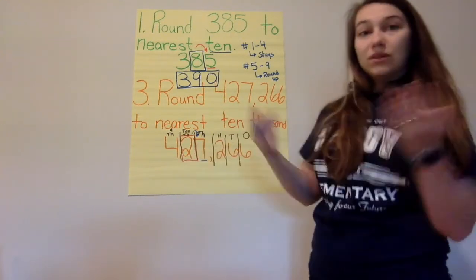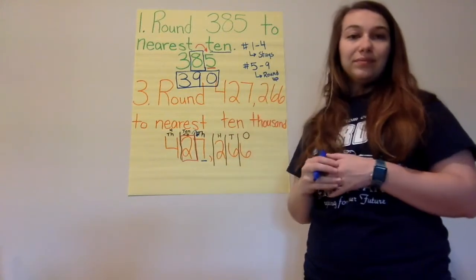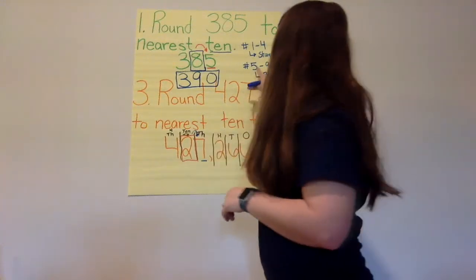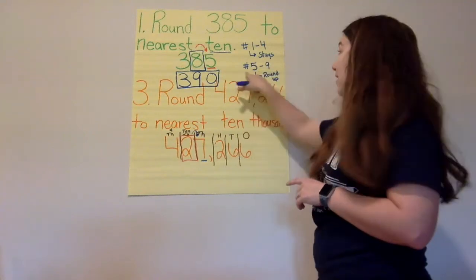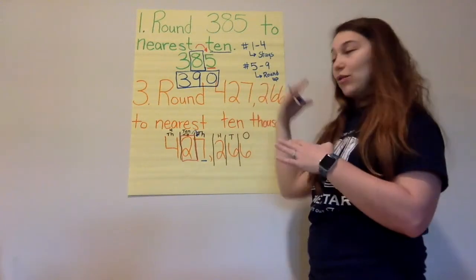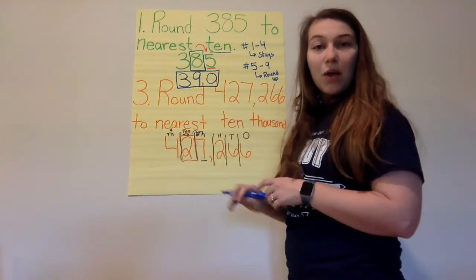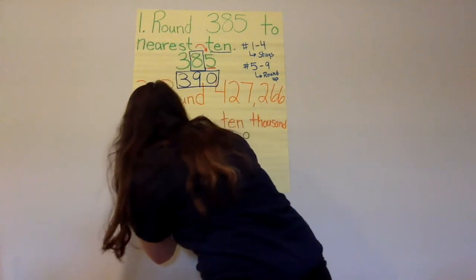So what's going to happen to our 2? Is it staying the same or is it rounding up 1? It's rounding up 1 because 7 falls within this 5 to 9 range, or rounding up. So this 2 is going to become a what? A 3, very good.